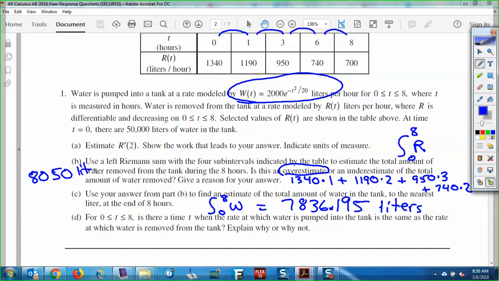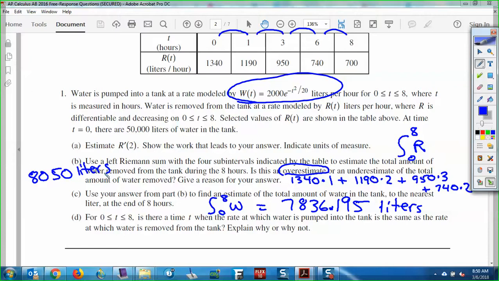Liters. Sound right? Now the answer to C. We're not done with C though, are we? C is how much water's in the tank at the end of 8 hours.